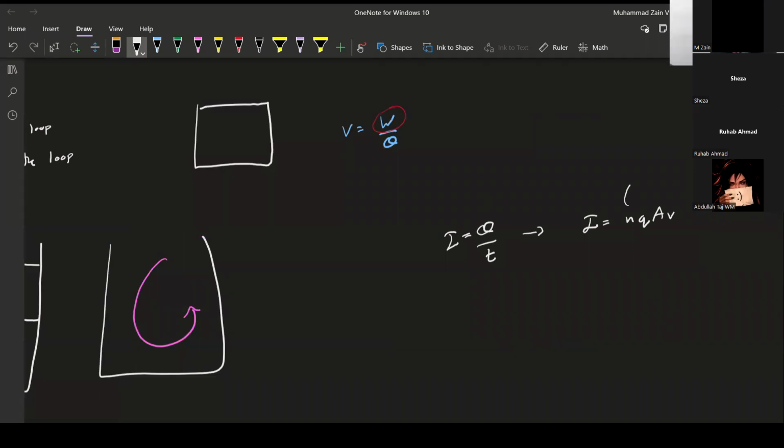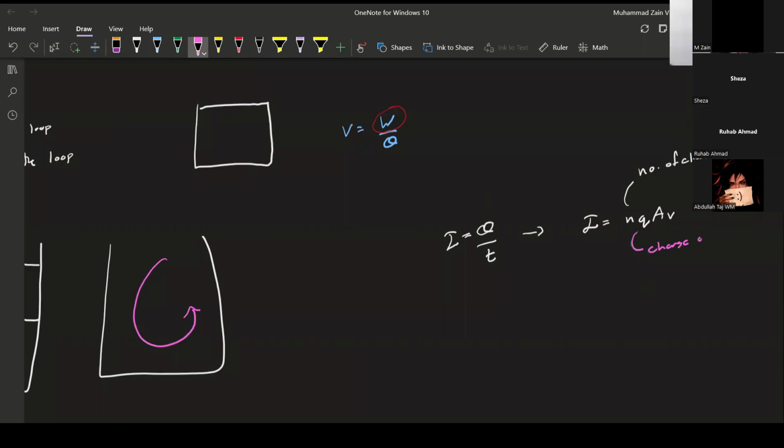So n would be the number of electrons per meter cube, which is also known as the number density. Q is the charge of the carrier.